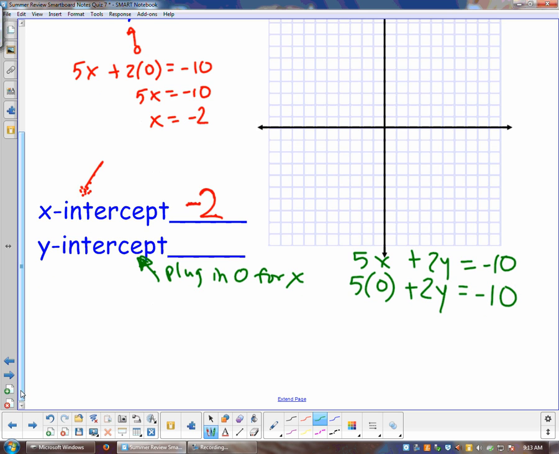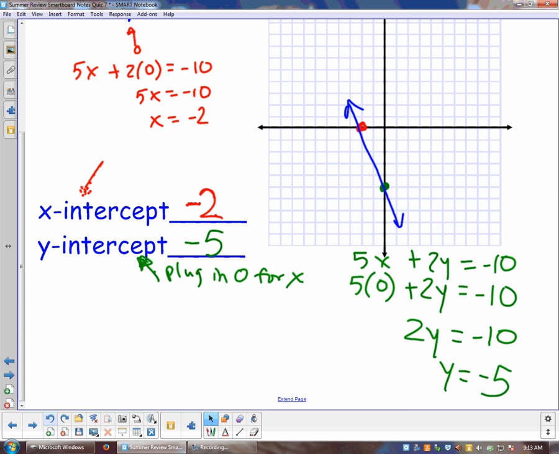And at this point, I am going to get 2y equals negative 10, so y equals negative 5. So if I plot these points, negative 2 on my x-axis would be right here, and negative 5 on my y-axis would be right here. And so I'm going to just draw my line through those 2 points. That's kind of a sad line. Let's try this again. And my line would look something like this.